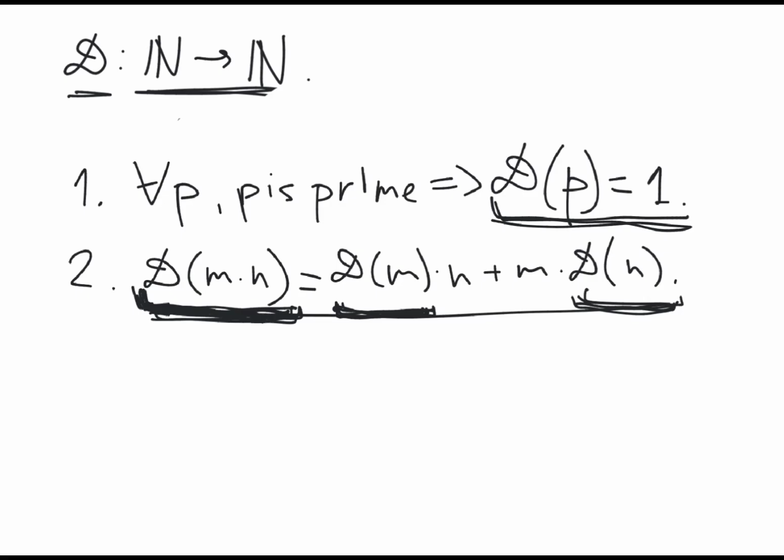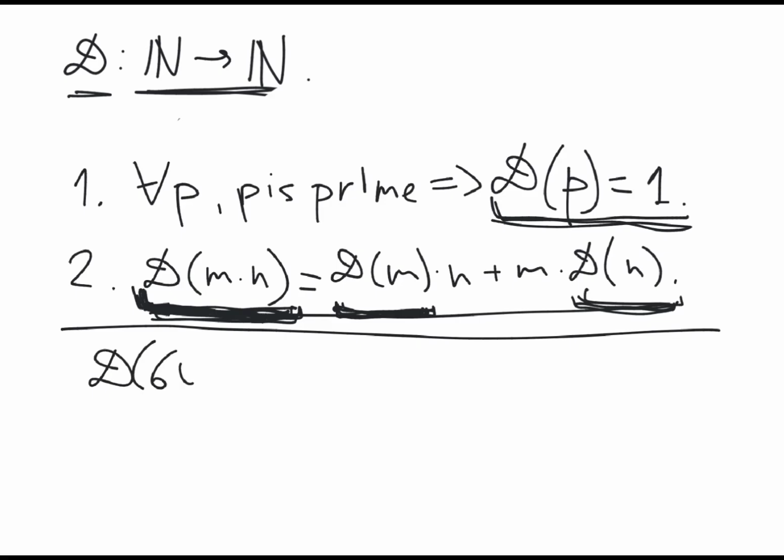So let's find the derivative of some specific number, say d of 60. By the way, although these two rules fully define the arithmetic derivative, we haven't yet proved that the definition is correct.